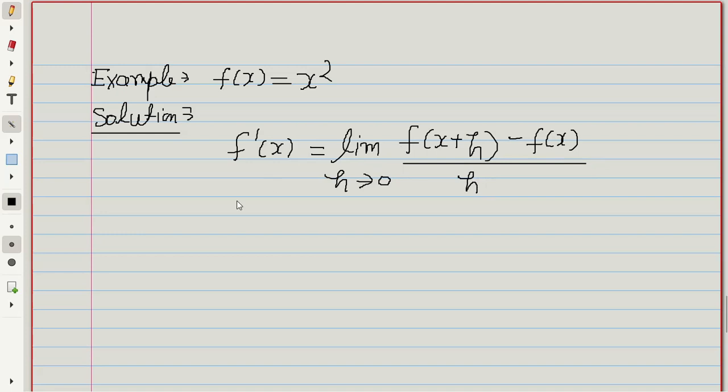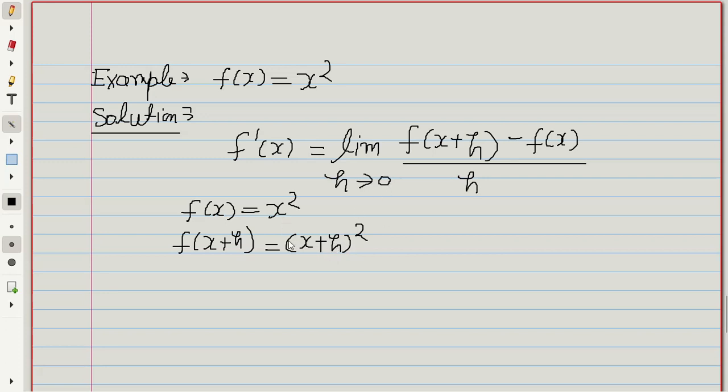So here we have f(x) which is x square, and f(x plus h) would be (x plus h) whole square.